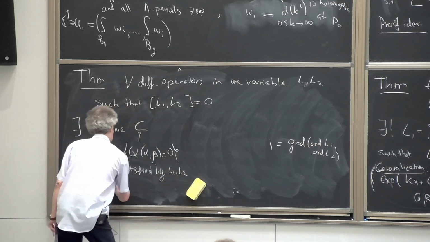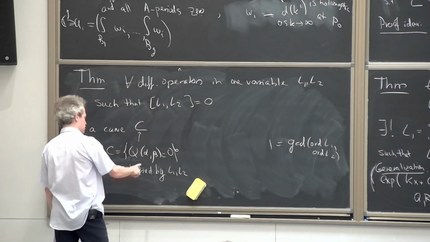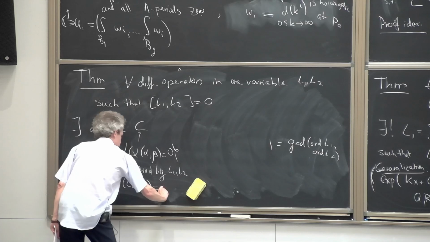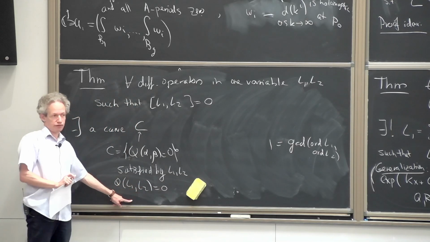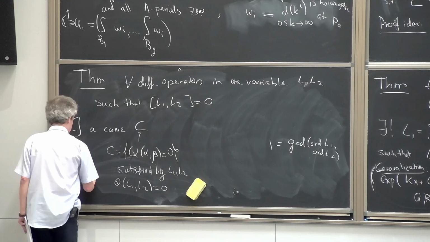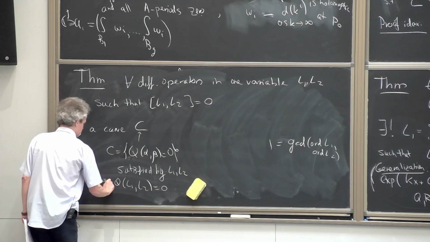We learned in the first lecture that if I have two commuting differential operators in one variable, they satisfy a polynomial equation. So that's what the curve is going to be.